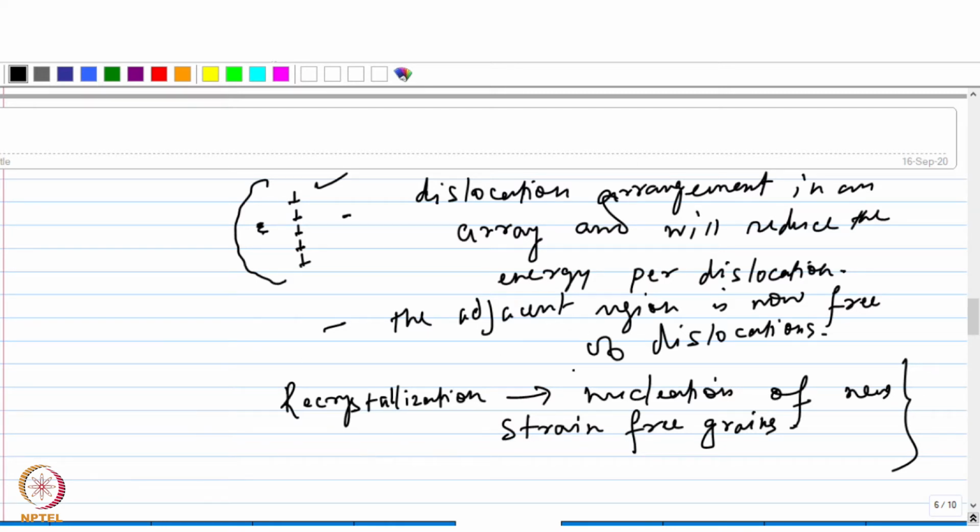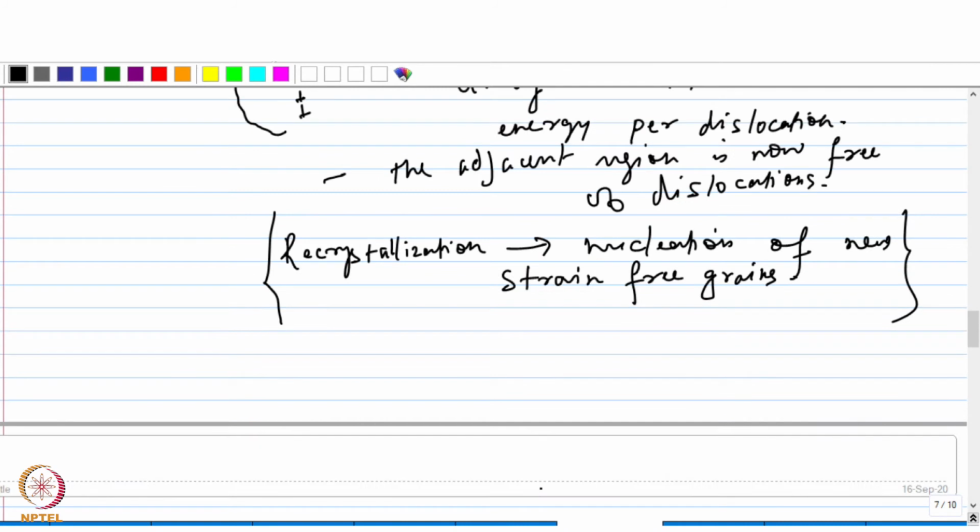So if you want to recover them, you need to actually nucleate new grains which are free of strain. That is the process known as recrystallization. And there is a particular mechanism by which the new grains can form, so let us look at those nucleation mechanisms. But before that, let me also tell you what kind of properties may be restored by the recovery process.